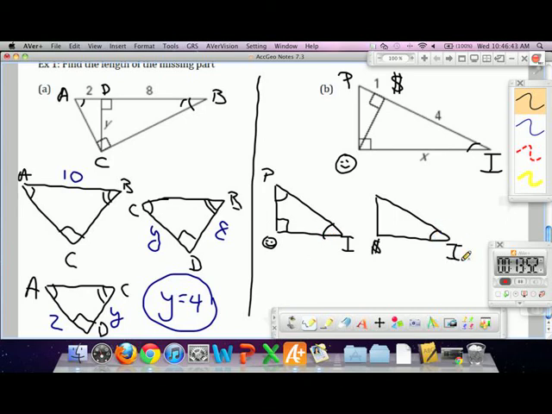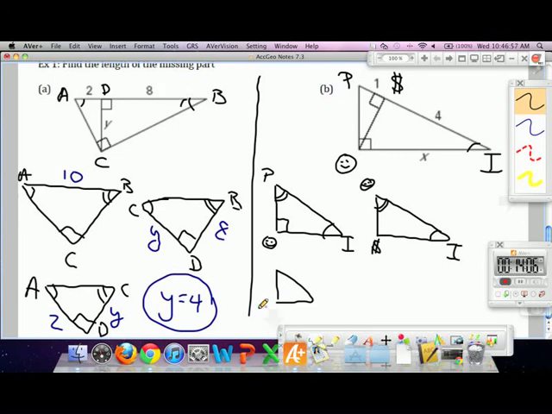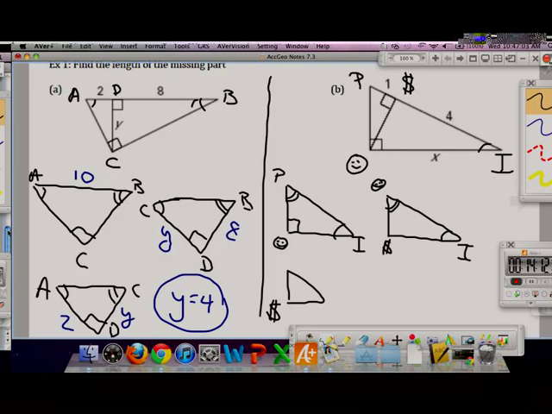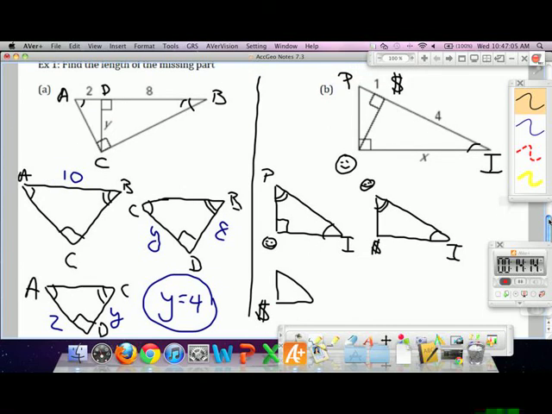And our smallest triangle here, the right angle is dollar sign. P corresponds to P. And that leaves smiley face over here?